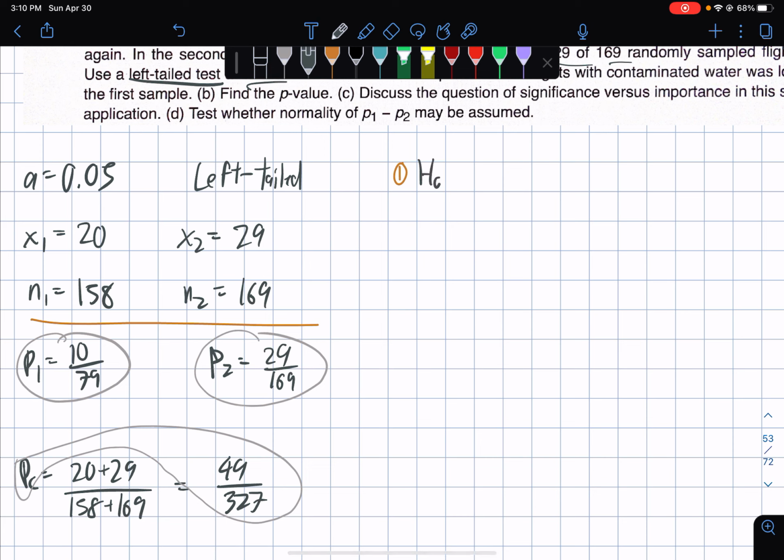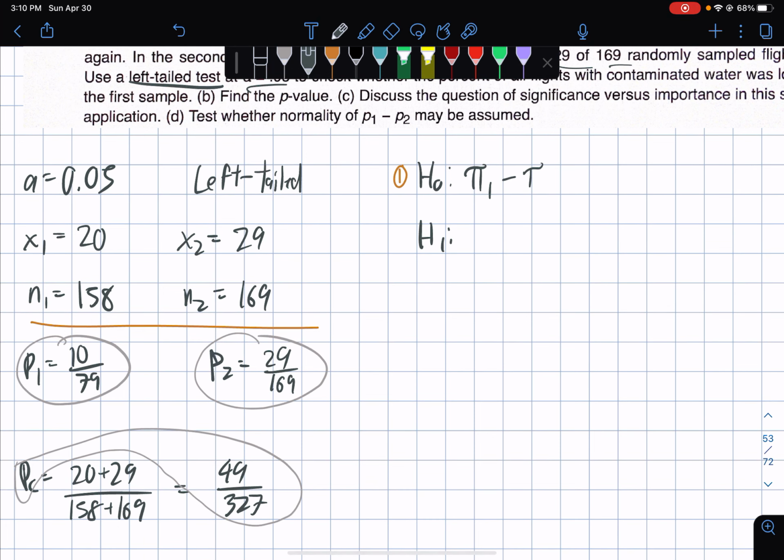So step 1, H0 and H1. I keep writing pi 0. Pi 0 is associated with the test statistic for proportion in a one sample. But this one is two samples, testing for the equality of two proportions. So this time we involve pi 1 and pi 2. This is a left tail test, so the inequality signs will be like this.